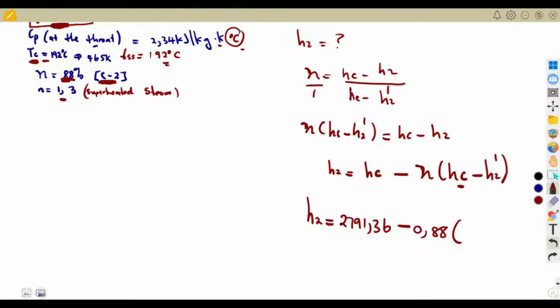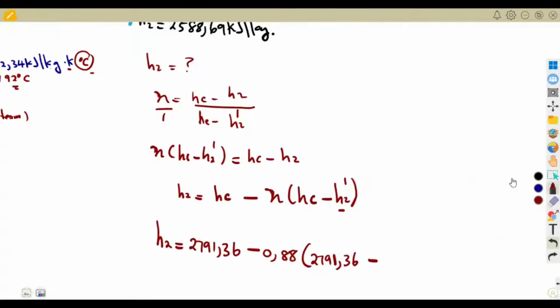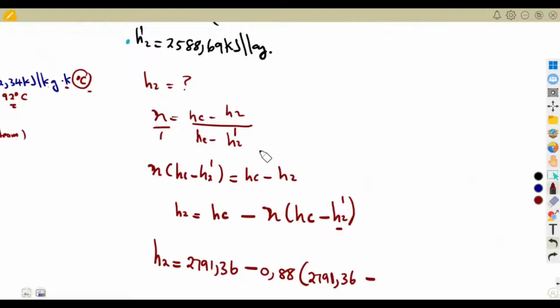Then HC, we just substitute again. It's just a repetition of this one that we substitute: 2791.36 minus the isentropic value that we got here previously, which is what?